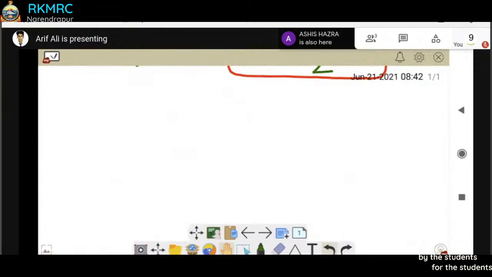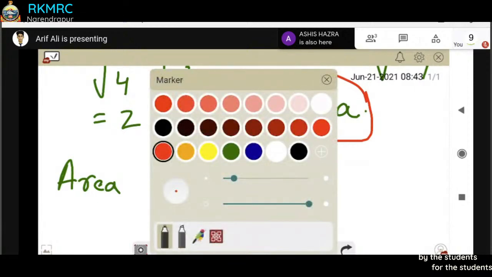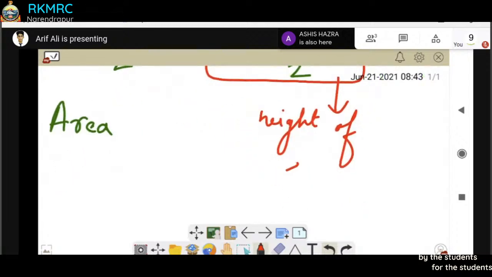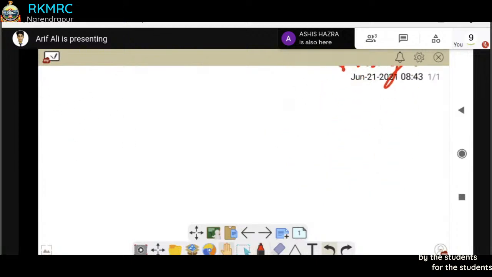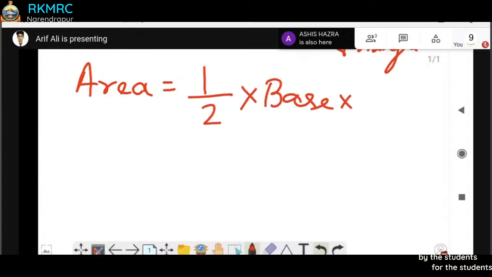Now comes area. Area is half base into height.